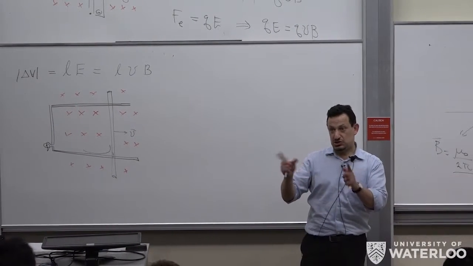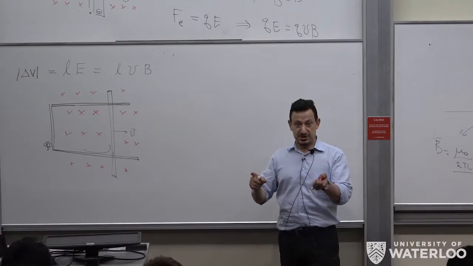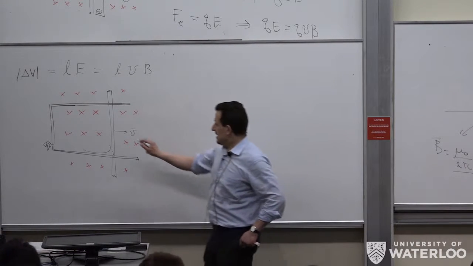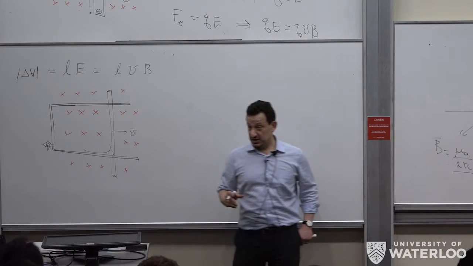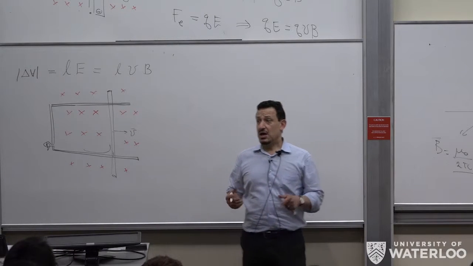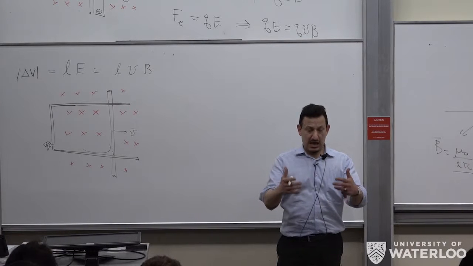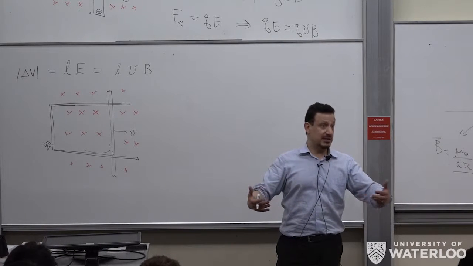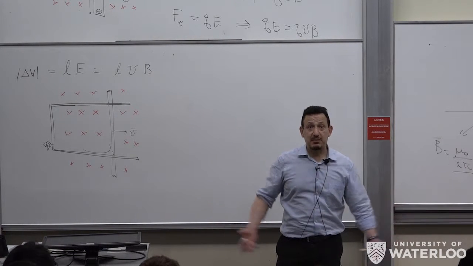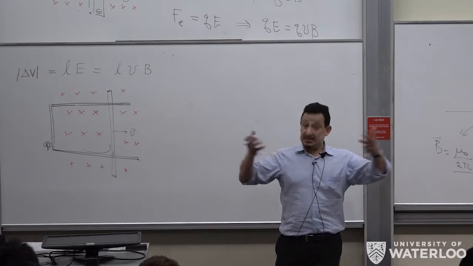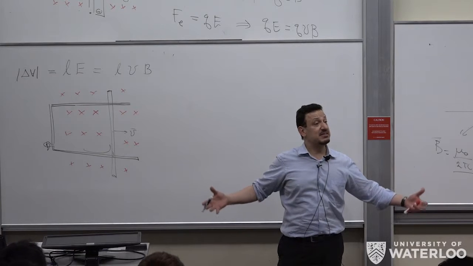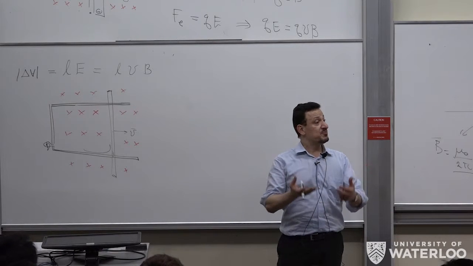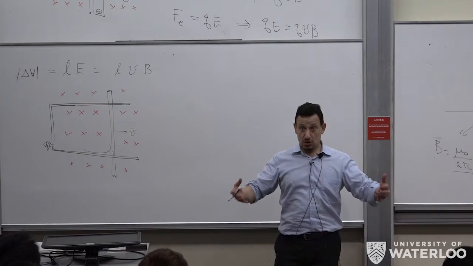Two ways to describe the same phenomenon. Part of the loop is moving, or I have a loop expanding, which means that the magnetic flux, the net magnetic field that pierces this loop, is increasing or decreasing.